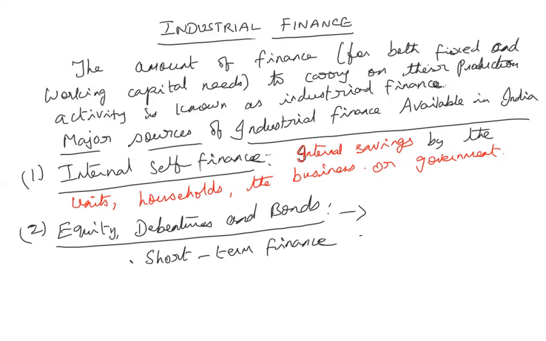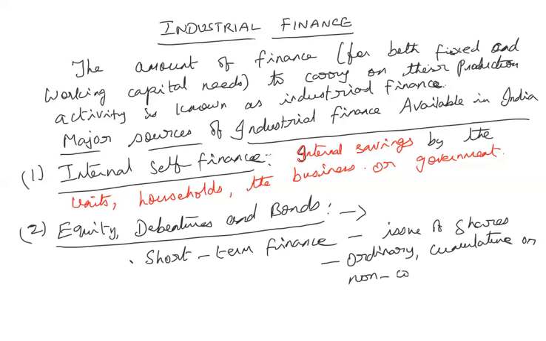They issue their shares in the open market, provided they are reputed ones. Different kinds of shares are there, isn't it? Ordinary shares, cumulative shares, or preference shares. So the issue of shares is mostly in the open market, and it is mainly to meet the short-term requirements of the industries.